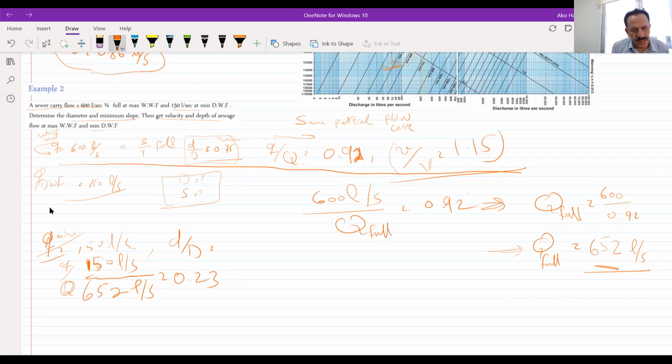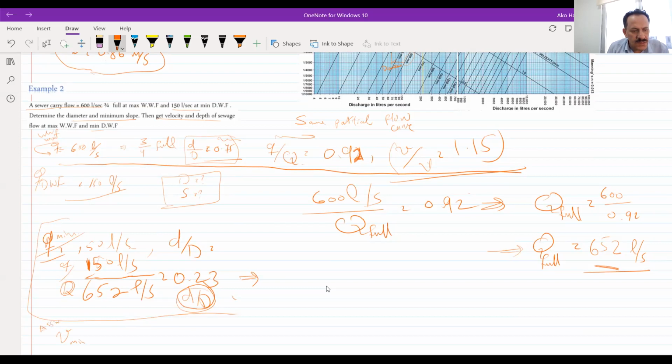So it means I can find this d over D. I will use the d over D of 0.23, because we have the minimum flow, so I will have the minimum velocity.